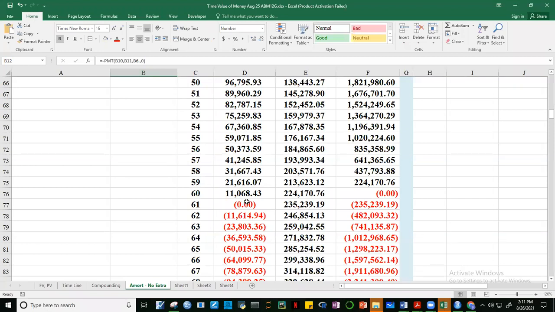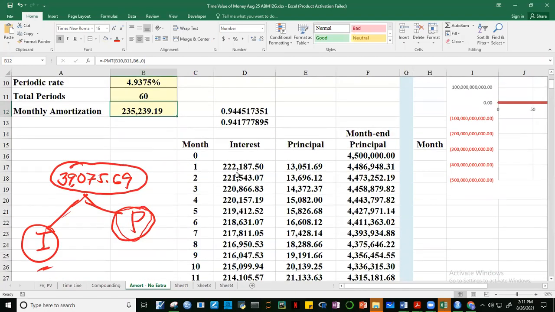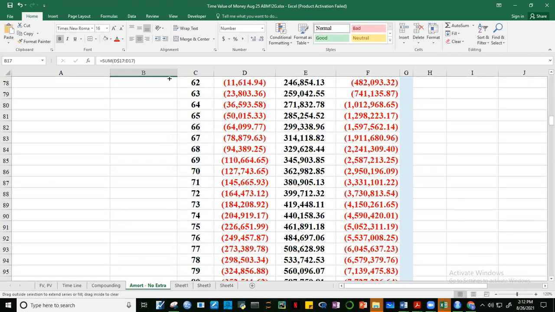Okay, hindi natin makikita dito yung sum ng interest unless magkaroon tayo ng helper column na i-add natin yung cumulative na interest. So let me just see, no, is equal to sum of this colon. Fix ko to. Hanggang 60 dito.